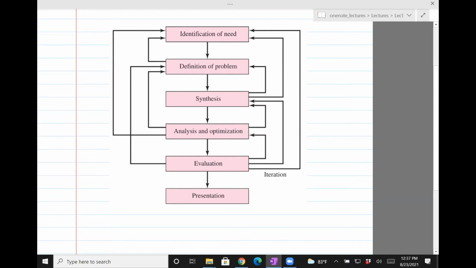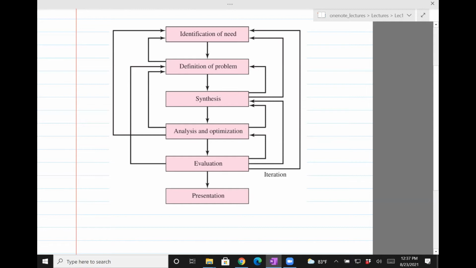Typically there'll be metrics on whether you have a cost target, or a speed target, in this case of transportation example, then you have to evaluate those solutions against that. And once you do that, you finally can go and present it and of course make the product.